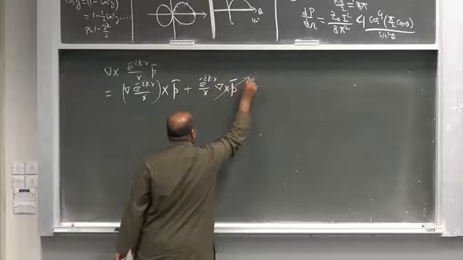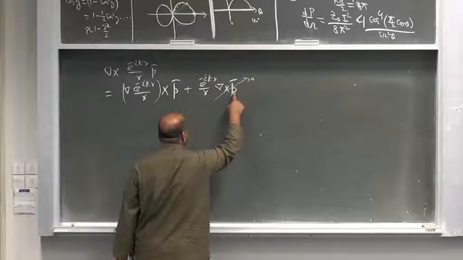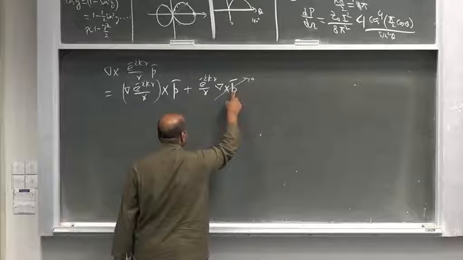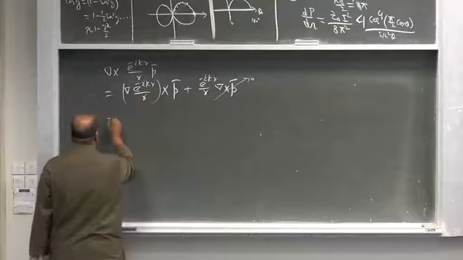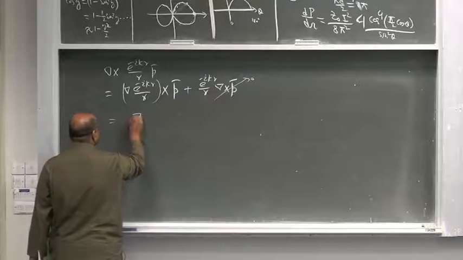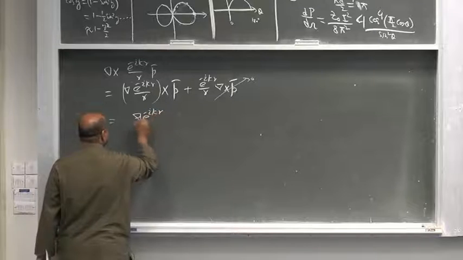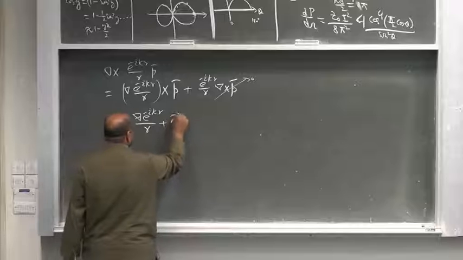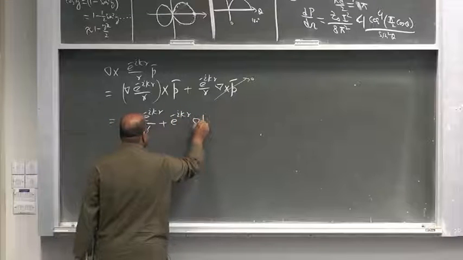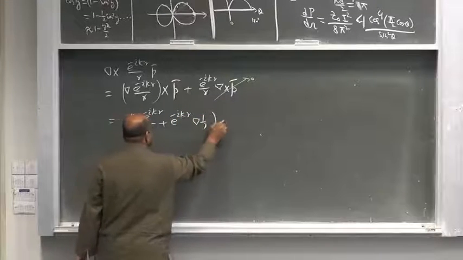Now this is 0 because this is a constant number, it's independent of r. This is the property of the current distribution itself and not the observation point. So this is 0. इसको अब आप expand कर सकते हैं by product rule plus this thing.